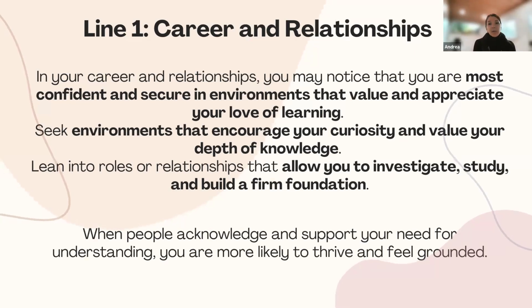So maybe researchers, or professors that have a lot of opportunity to research and learn as part of their work. They are best suited to environments that encourage curiosity and value depth of knowledge. It's recommended that they lean into roles or relationships that allow them to investigate, study, and build a firm foundation.